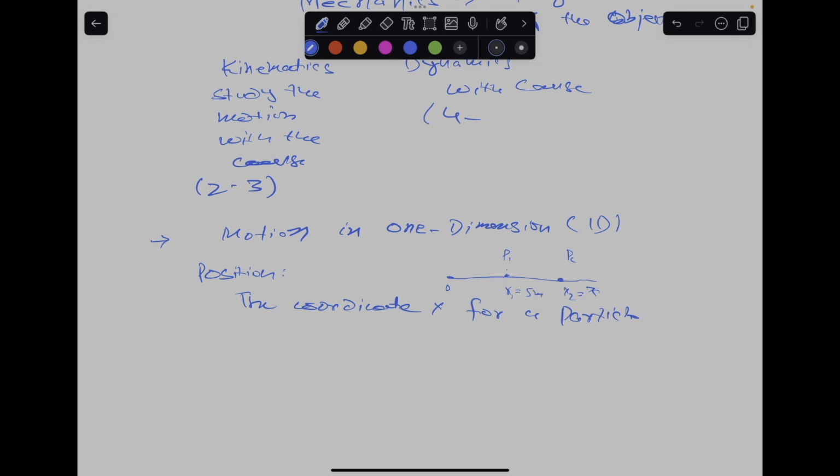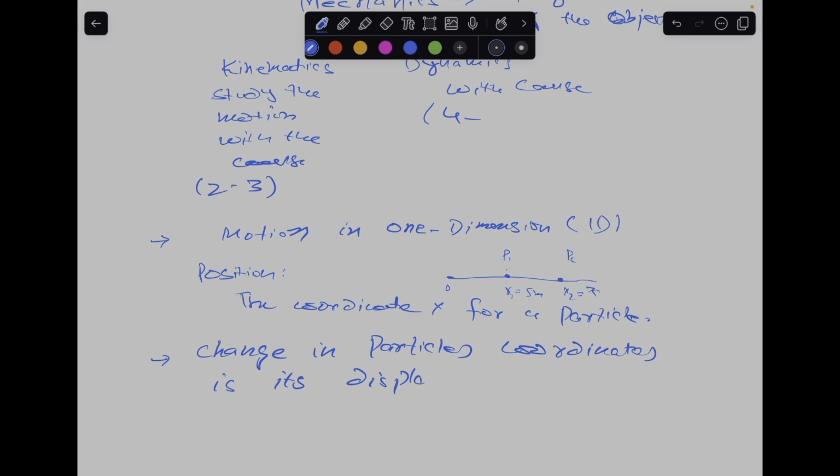Now, as the particle changes its position from point P1 to point P2, the change in the particle's coordinates is its displacement.